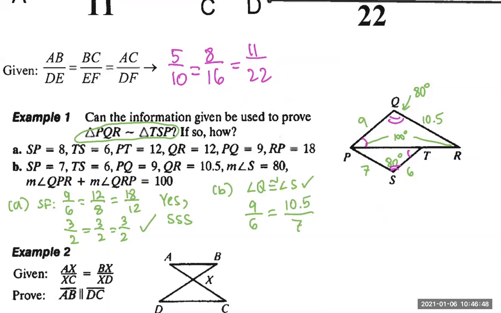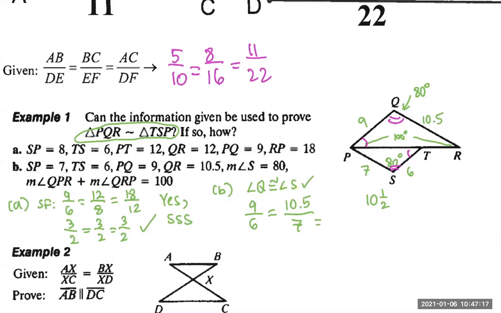over 7. I wanted to show you how to simplify 10.5 over 7, just in case we forgot how to, because it's not considered simplified if you have a decimal within a fraction. So let's say you had 10.5. As an improper fraction, if you remember, you multiply: 10 times 2 is 20, plus 1 is 21, so 21 over 2.